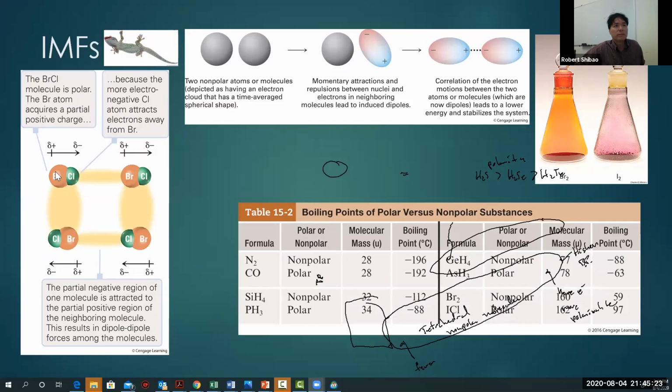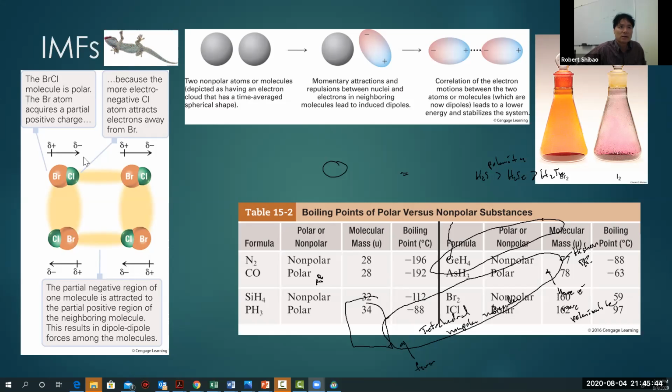If we look at bromine chloride, it has a permanent dipole. That is, chlorine is more electronegative than bromine, so chlorine is going to suck the electron density. The chlorine end is delta minus, the bromine end is delta plus. This is a permanent dipole. And permanent dipoles are going to be attracted to one another.